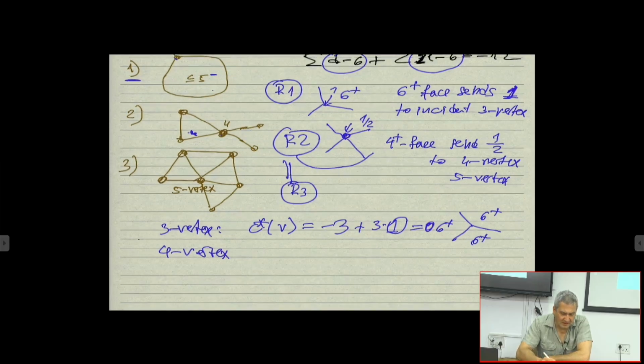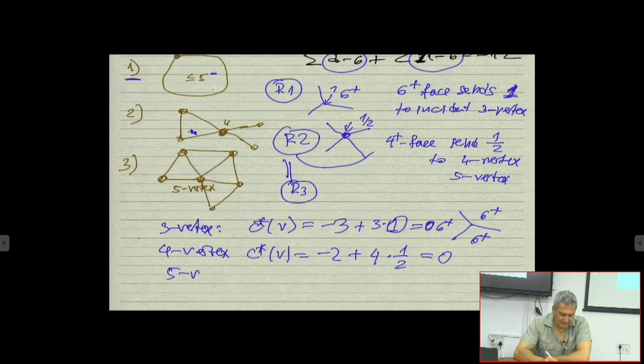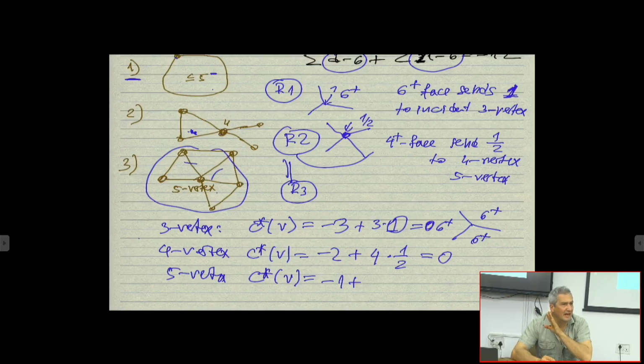A 4 vertex has initial charge -2, and it receives by rule R2, because it has no triangles, only faces of size 4 and more, 4 times 1/2, and this is 0. 5 vertex: initial charge is -1, and because it is forbidden to have 4 triangles and 5 triangles, it has at most 3 triangles.